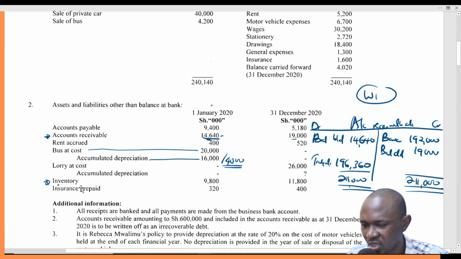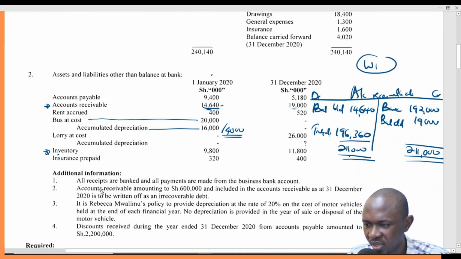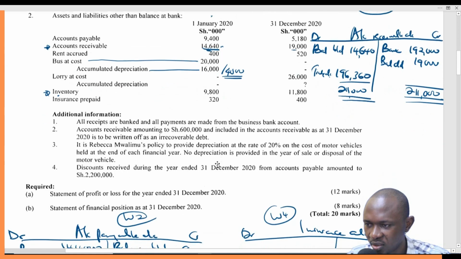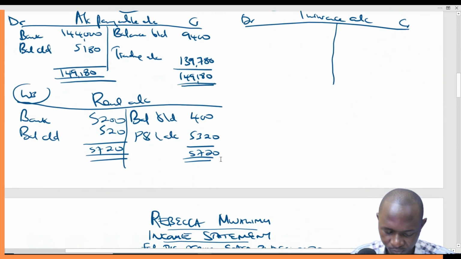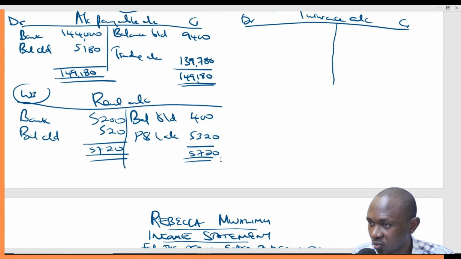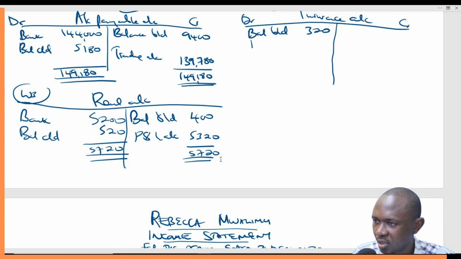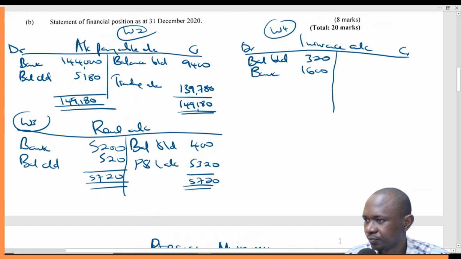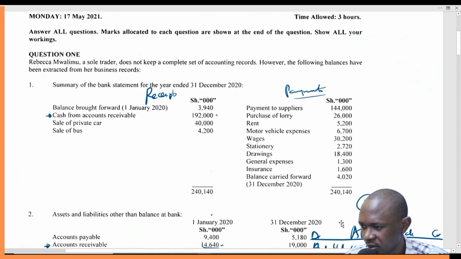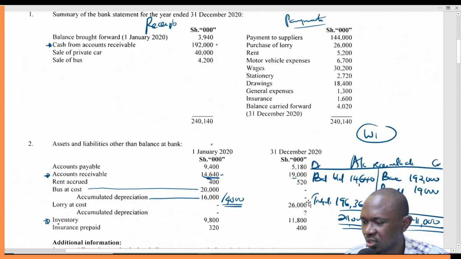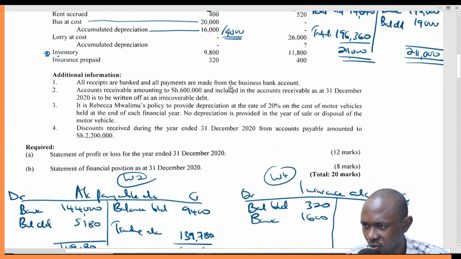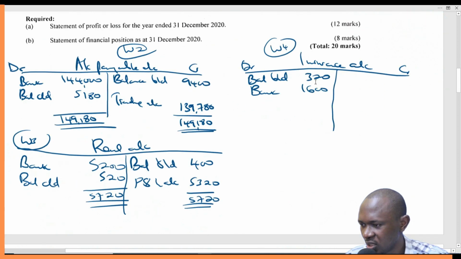Because it's an asset, prepaid, we say balance brought down 320. Then we add what was paid this year, I think it was 1,600. Let's confirm that figure. Insurance 1,600, less what was paid but was not for this year.